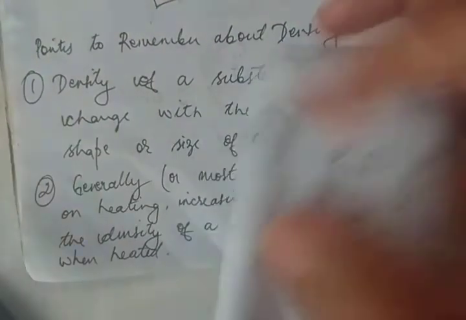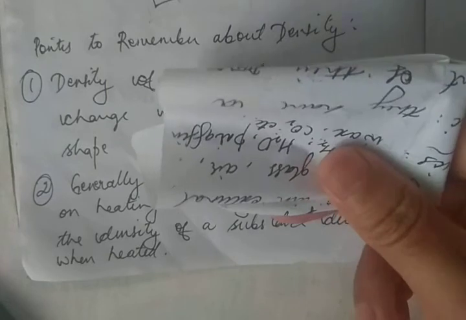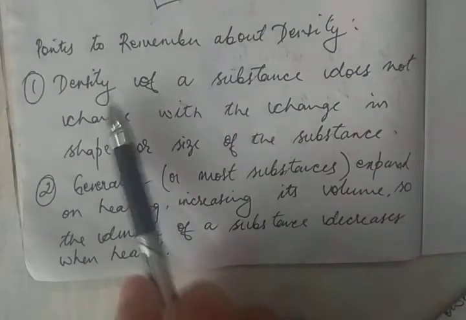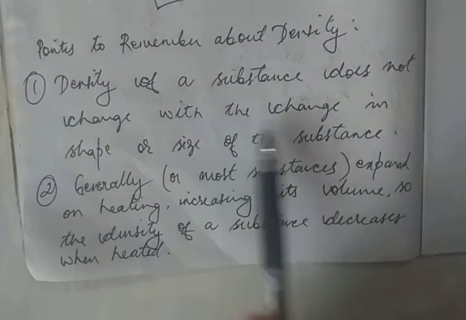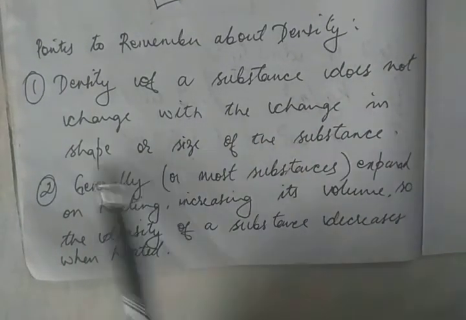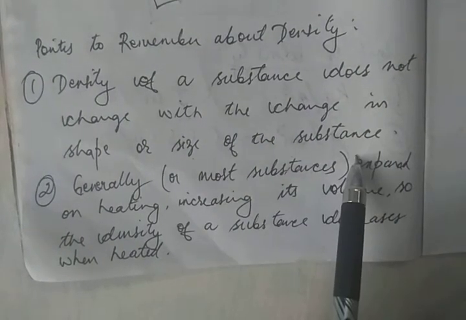Remember, when I change the shape and thereby the size of this piece of paper, its density is not changing. Its density remains the same irrespective of the shape or size. So that is point number 1: density of a substance does not change with the change in shape or size of the substance.